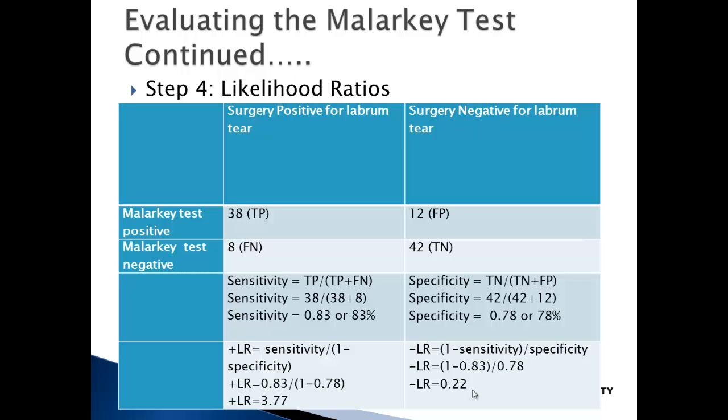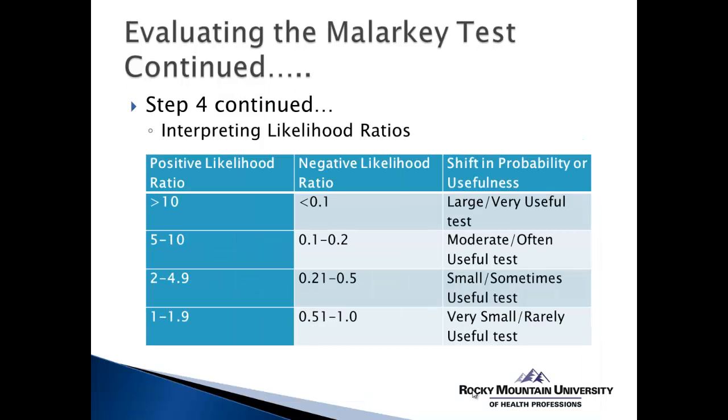So let's look at this table here, and this kind of again summarizes what we can look at with these numbers. So in this first column we see positive likelihood ratio values, and then in this column we see the negative likelihood ratio values. So let's start at the bottom. If we have a positive likelihood ratio that is close to 1, or a negative likelihood ratio that again is close to 1, this is a very small shift in probability, and so this is probably not a very useful test.